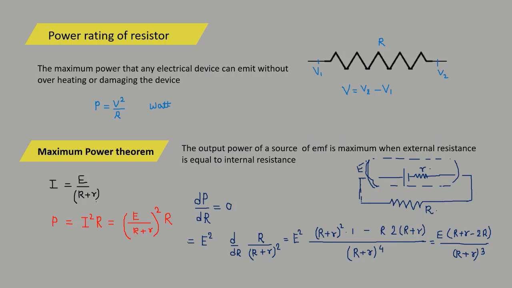Now power will be P equals I square into R, replacing I, E divided by R plus r whole square into capital R. We obtain the condition for the maximum power theorem only when dP by dR equals 0, and thus we differentiate it in the following steps, and we finally obtain that small r equals capital R. This is the final condition for maximum power generation.